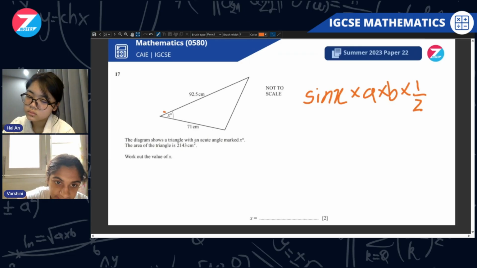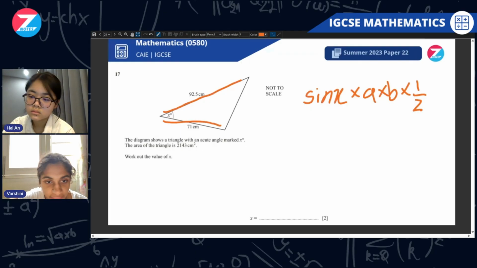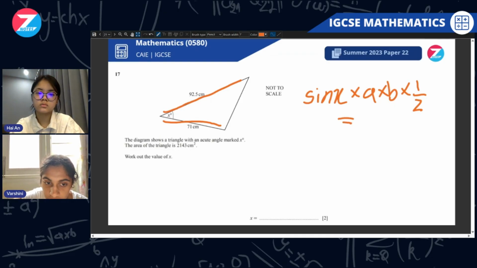In this case, it would be this side and this side, the sides which we have the lengths for. We also know that this formula is equal to 2143, as they've given us the area of the triangle.